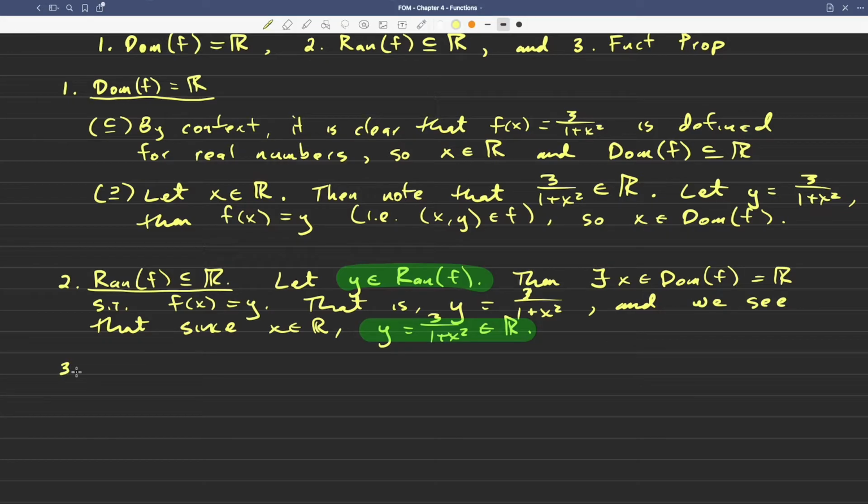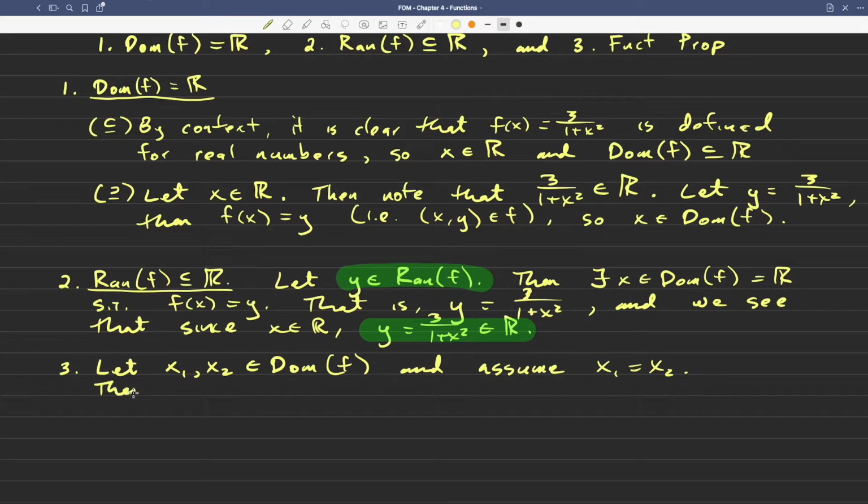The third thing we have to do is establish the function property. To do that, we take two arbitrary elements of the domain of the function, and we assume that they're equal. Then we want to show that the corresponding function values are equal. It's usually a pretty straightforward thing to do here. So f of x1, according to the definition of the function, is 3 over 1 plus x sub 1 squared. But because x1 equals x2, that's equal to 3 over 1 plus x2 squared, which is equal to f of x2.